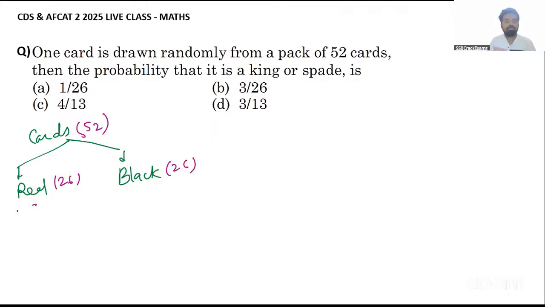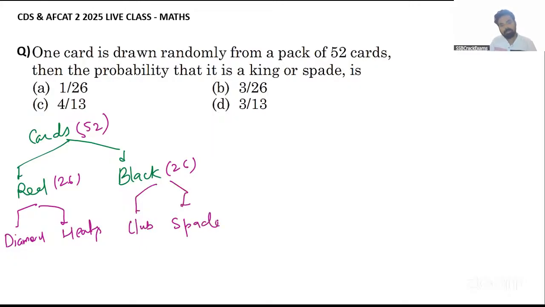In red, there are two different suits, diamond and heart. In black, there are two different suits, club and spade. In each of these suits, there are 13 different cards.